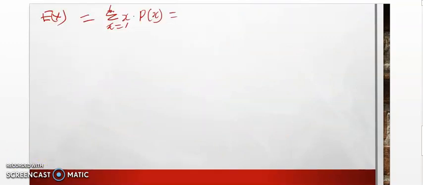So the expected value of x will simply be the summation of x from 1 up to 6 of x times the probability of this x. Now we put in the values.